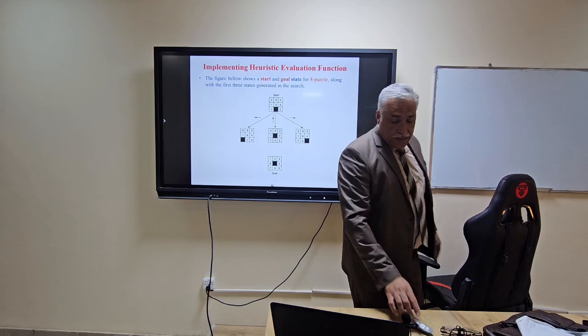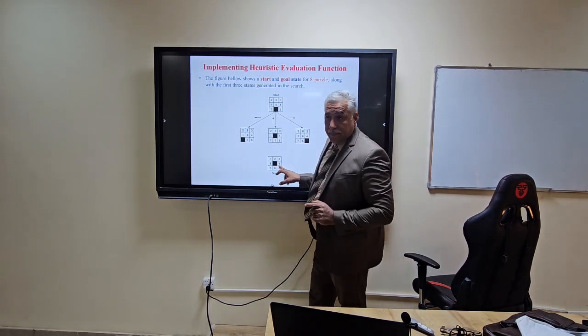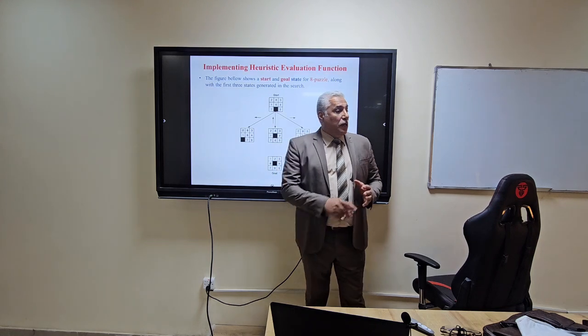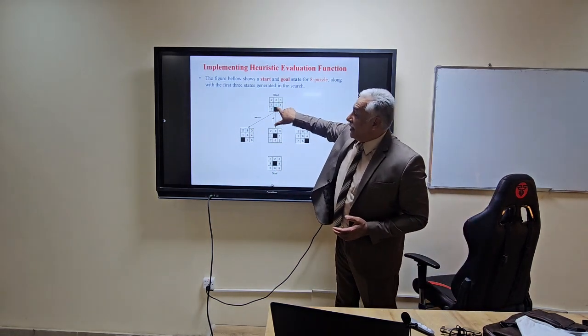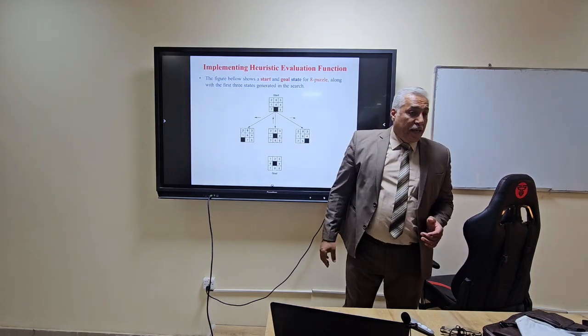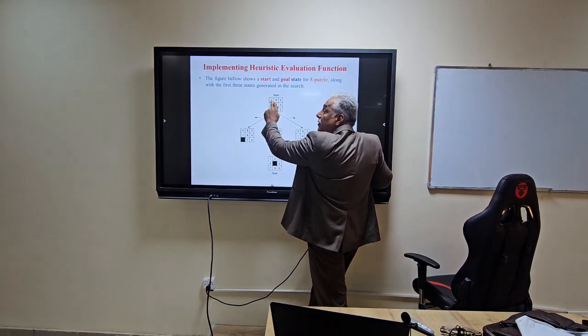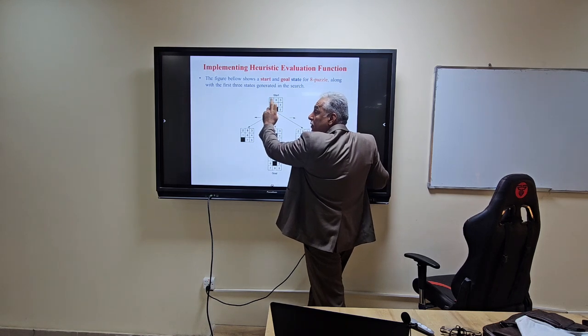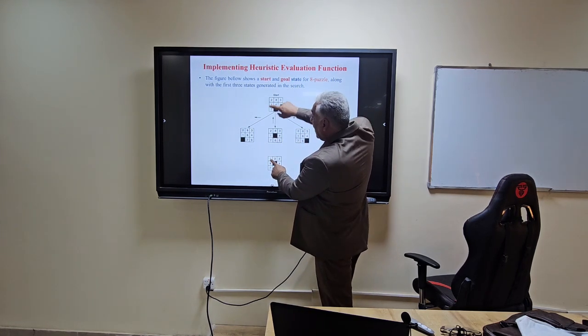For example, this goal and this initial state. Now, let's count the number of tiles that are not in the correct place. For example, here I found 1, but what did I find, 2, because the goal here is 1 and here it is 1.